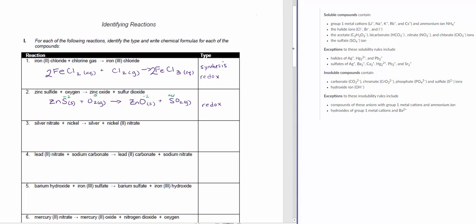So you see, we do have a change in oxidation state with the sulfur and the oxygen. So that is a redox reaction.